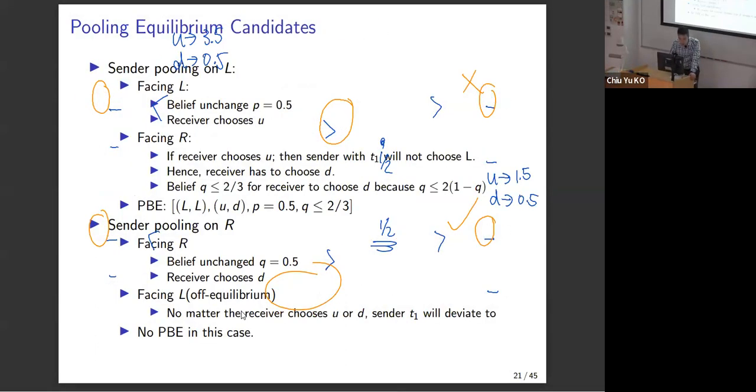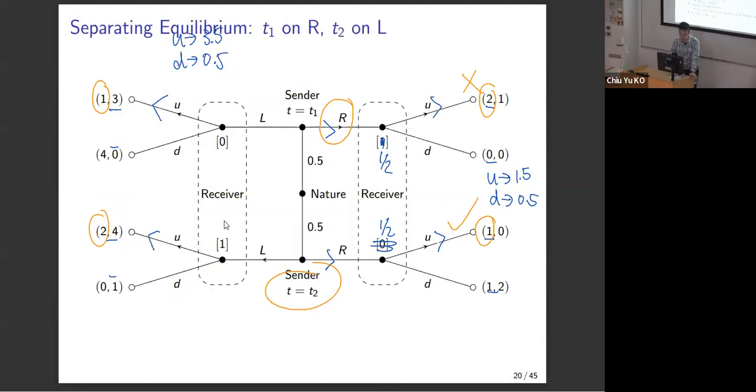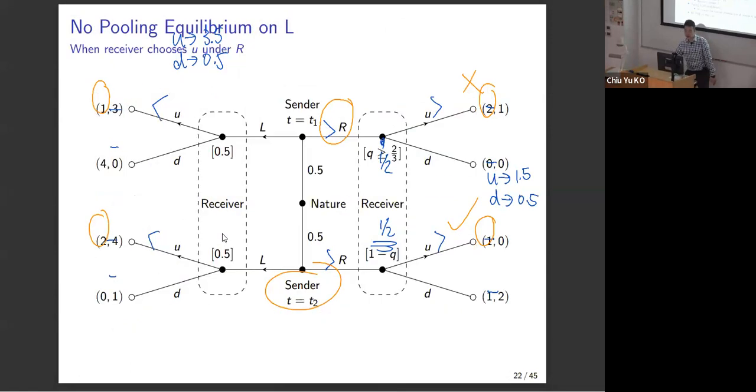Oh, sorry, there is no pooling equilibrium in this case. Yes, that's right. I looked at the wrong result.